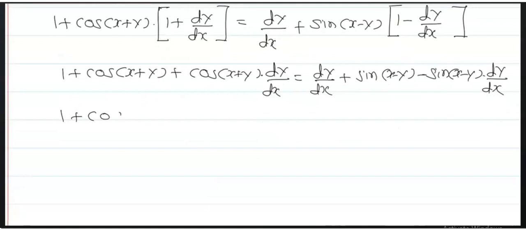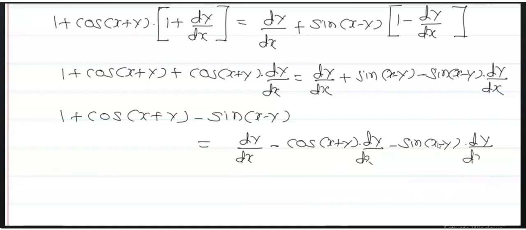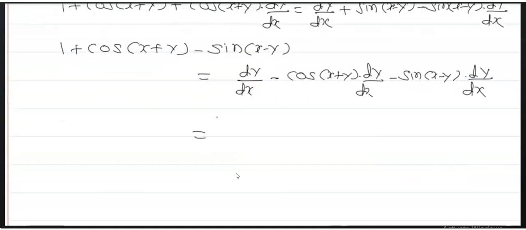Collect all the terms of dy by dx, that is 1 plus cos of x plus y minus sin of x minus y. Therefore dy by dx single term minus cos of x plus y into dy by dx minus sin of x minus y into dy by dx.